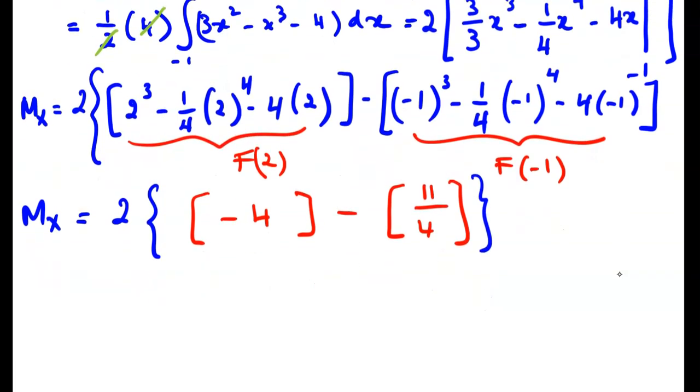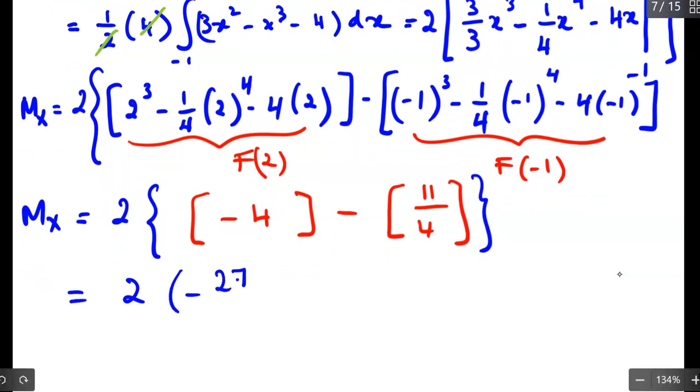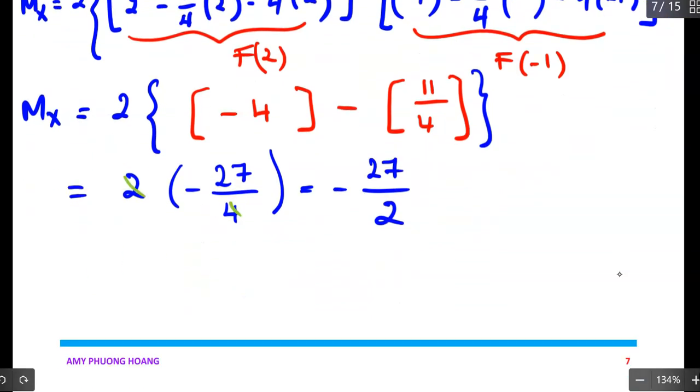And now the inside of the bracket should become negative 27 over 4. Okay, so now I should have this as negative 27 over 2. Cancel that. Now, don't forget to conclude the y.